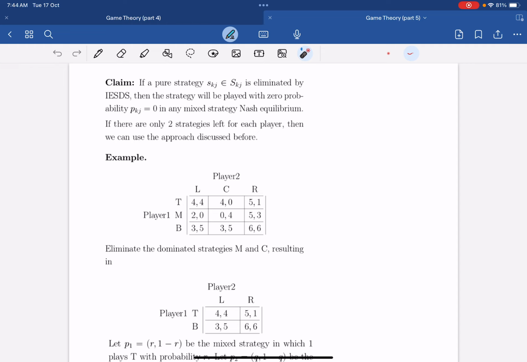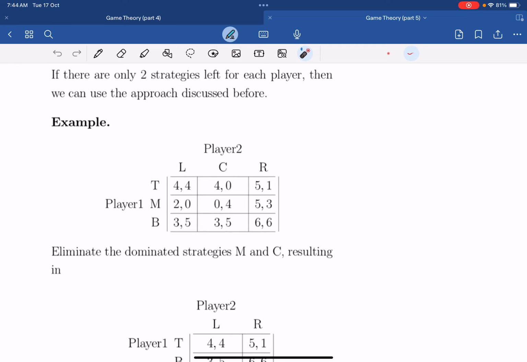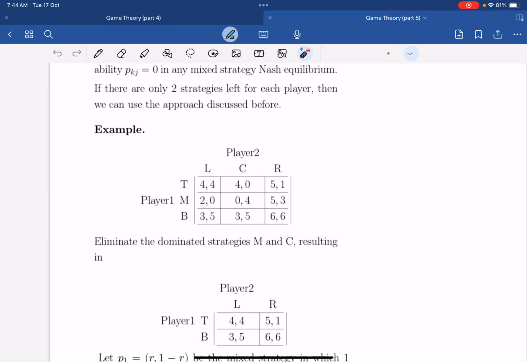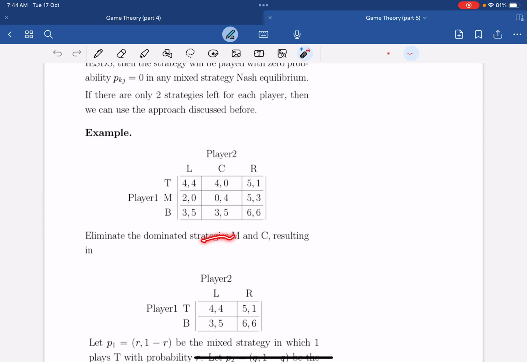So if there are only 2 strategies left for each player, then we can approach it with the discussion earlier. We use IESDS to eliminate the pure strategies so that we know those won't be in the mixed strategy as well. An example is over here. We use IESDS to eliminate the dominated strategies M and C. So you delete M, you delete C, and you're left with this 2 by 2 matrix.